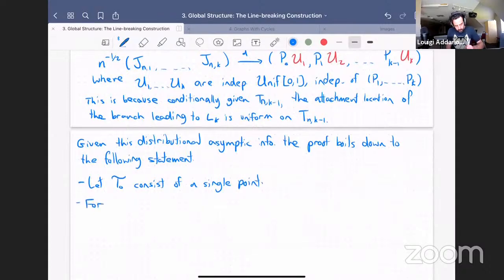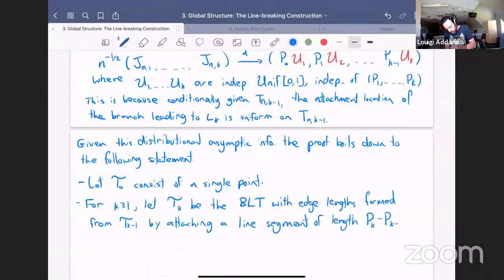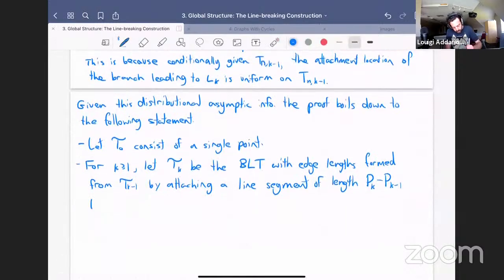Then for k at least 1, we let T_k, using the acronym I introduced, BLT, a binary leaf-labeled tree with edge lengths, be formed from T_{k-1} by attaching a line segment of length p_k minus p_{k-1}, these being the atoms of our Poisson process, to a uniform point of T_{k-1} and giving the new leaf label k.